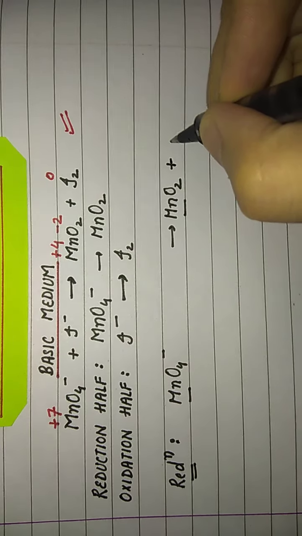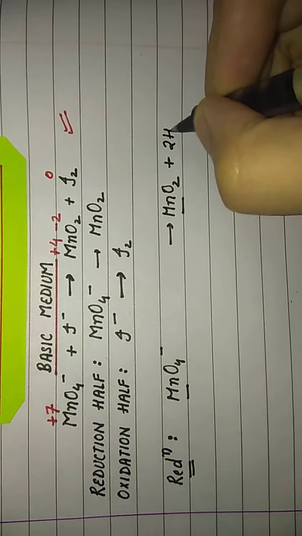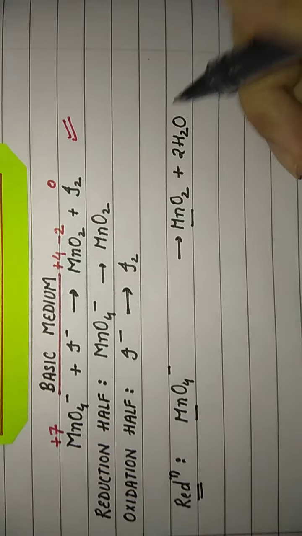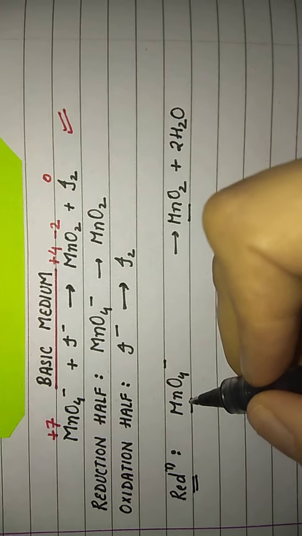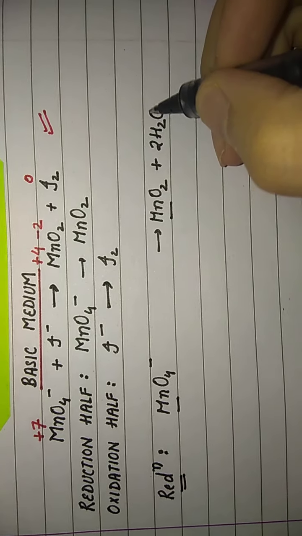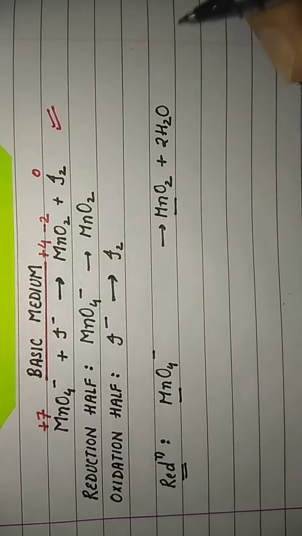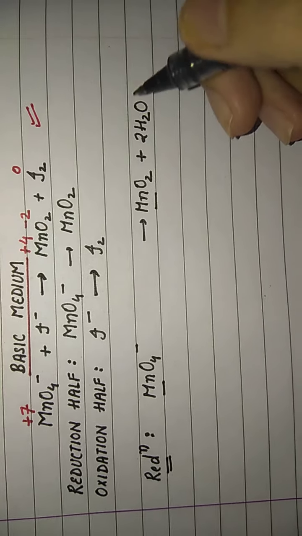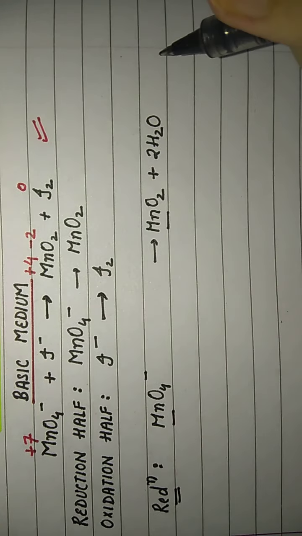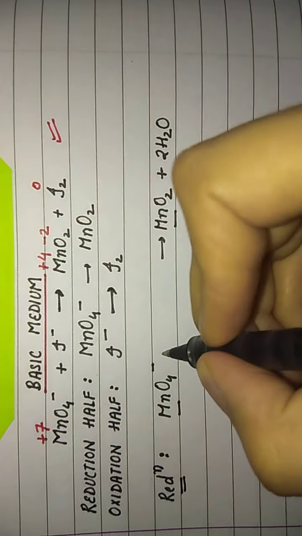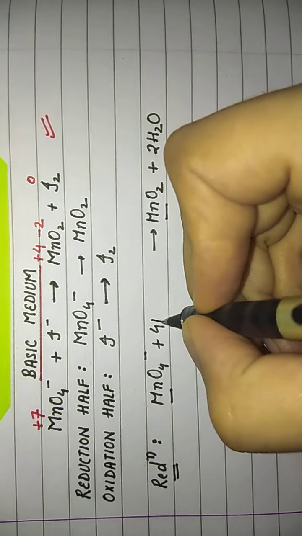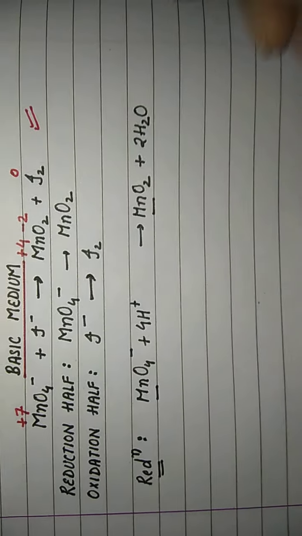So I am going to add 2 water molecules on the right, giving a total of 4 oxygens, just like on the left hand side. Now the oxygens are balanced, but in doing so I get 4 hydrogens on the right hand side. So I add 4 H⁺ on the left hand side.